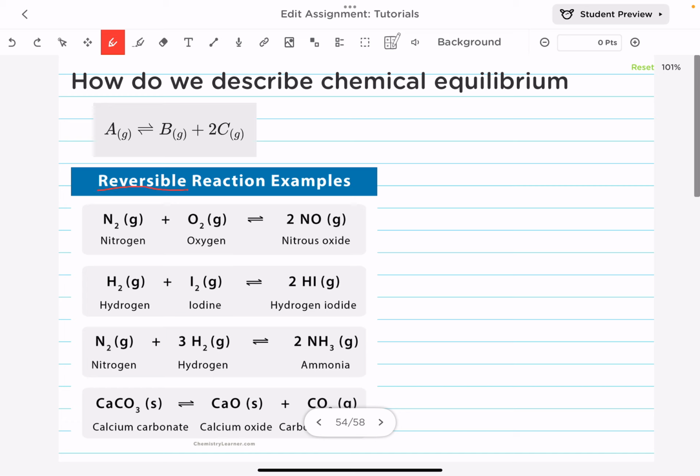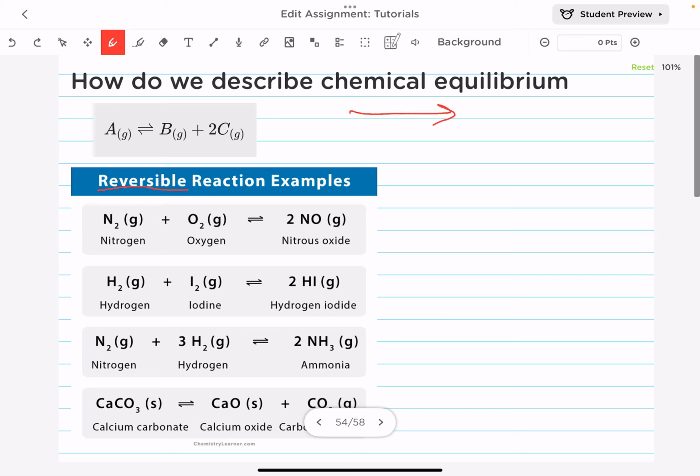Some reactions don't just go in one direction. They can go forward and backward. These are called reversible reactions and are represented by a double arrow, like the one you see over here.